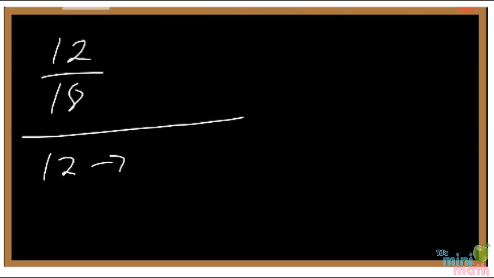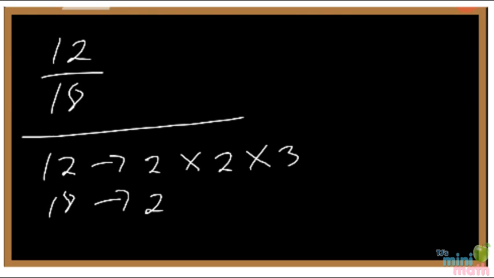If we prime factorize 12, that is 2 times 2 times 3. And if we prime factorize 18, that is 2 times 9. Okay, so we have 2 times 3 times 3. So I'm going to put 3 here below 3 times 3.